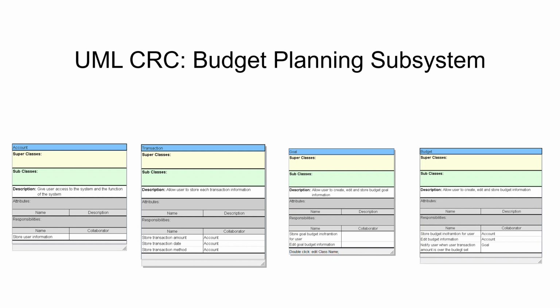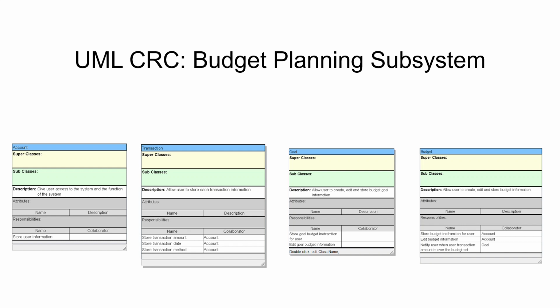The purpose of this class is to let the user create, edit, and store the budget goal information. For example, the user can set a goal for this month, and they can edit any budget or goal for this month. So basically, it stores the information that the user wants to set about the goal.